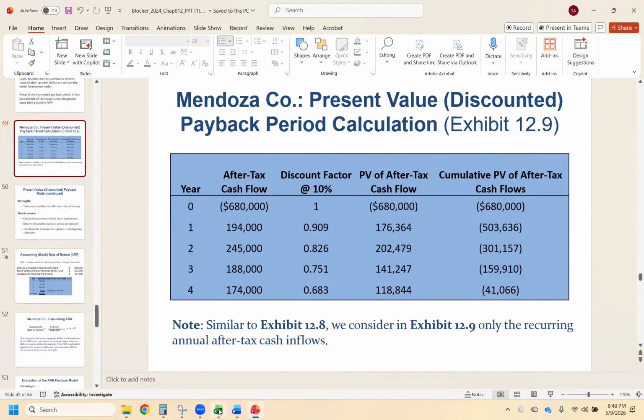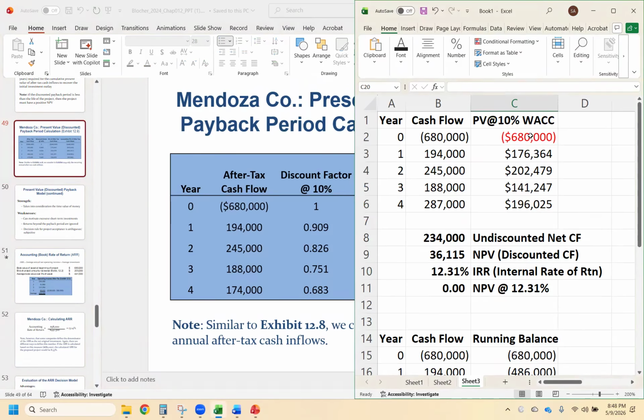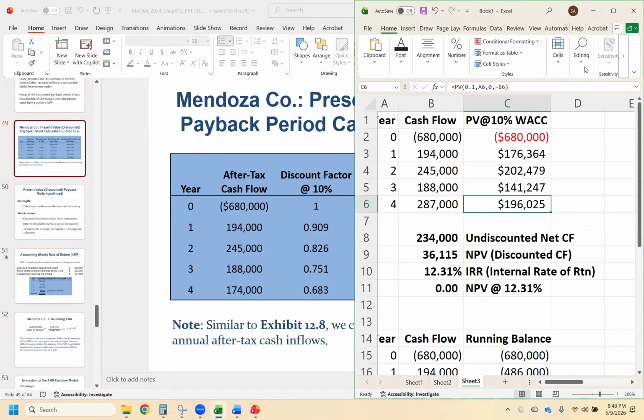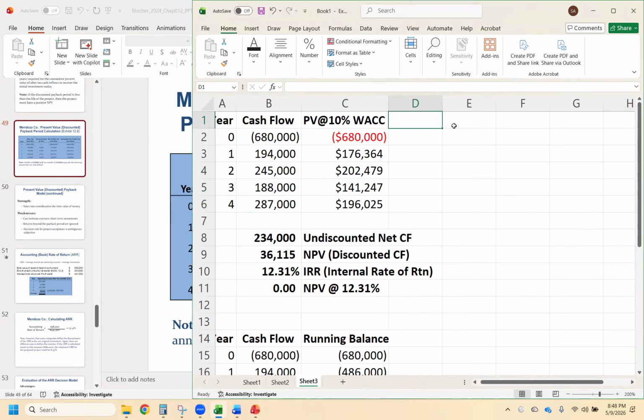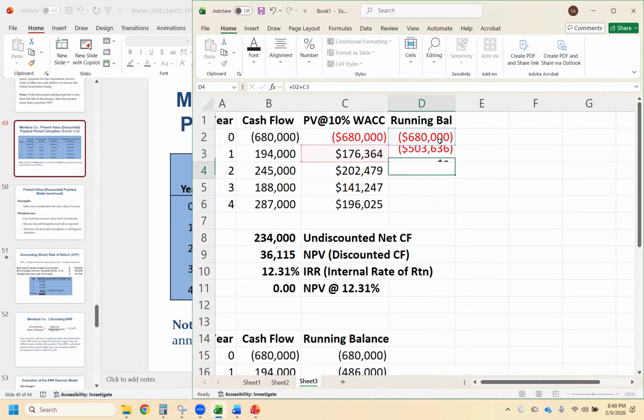Okay. Here they're doing a present value payback period. So they went and did the present value of each year and then did the payback period. So you could do that if you wanted to. So we would just do the same thing that I did before, a running balance, and then add the new amounts on each year that you're getting.